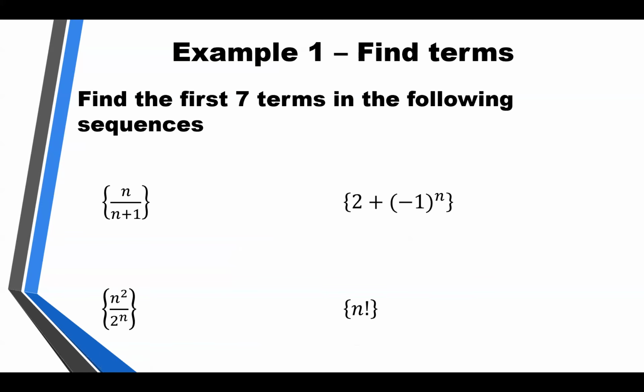So if we have this function notation, then what we can do is find the terms in the sequence by just plugging values into n. Let's do that here in example 1. We have 4 sequences, and we want to find the first 7 terms in each of these 4 sequences.